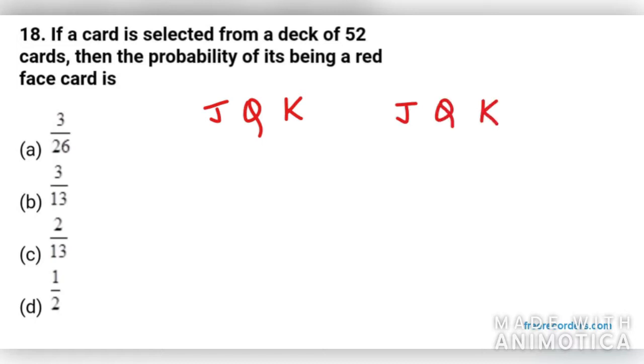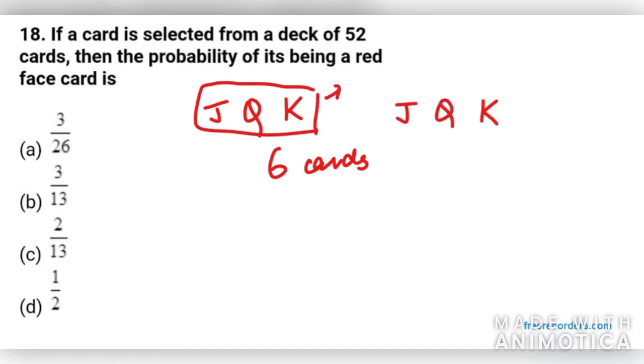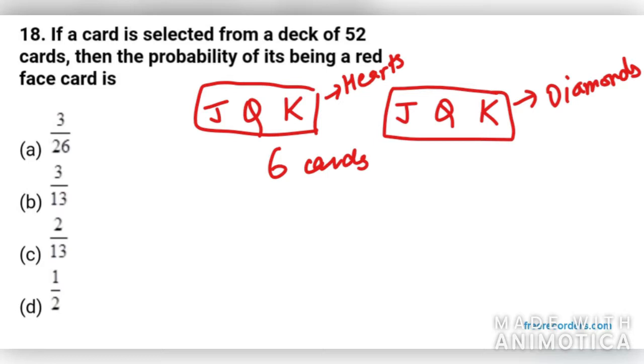That means in total we have 6 cards. One suit is hearts and another is diamonds. So we have 3 face cards in hearts and diamonds. Therefore we have red face cards as 6 in total.